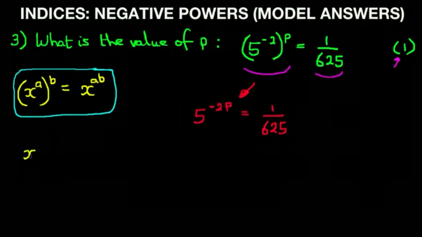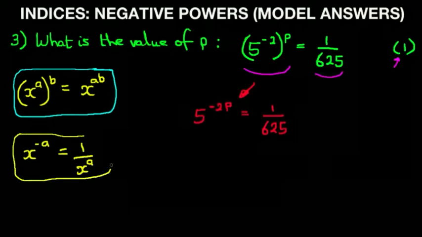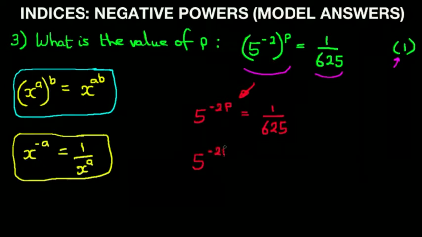Now we know that if x to the power of minus a, this simply equals 1 over x to the power of a. So therefore we can now simplify our formula a little further. We have 5 to the power of minus 2p equals 1 over 5, and we don't know what the power is, so let's work this out.